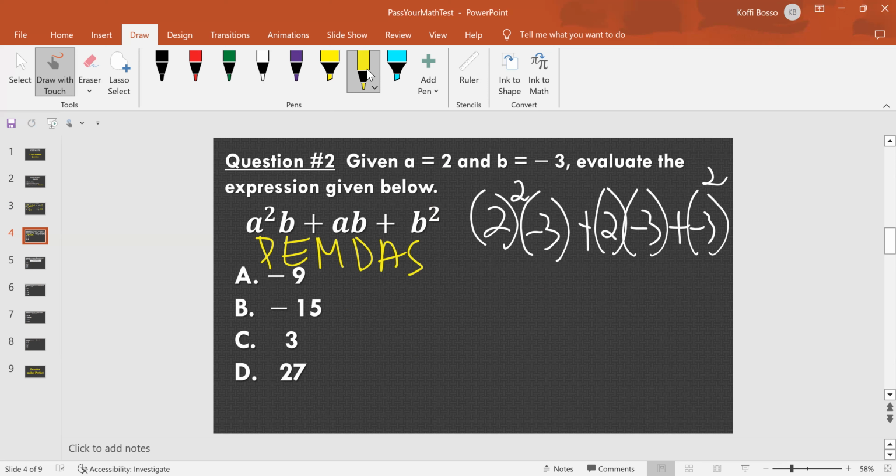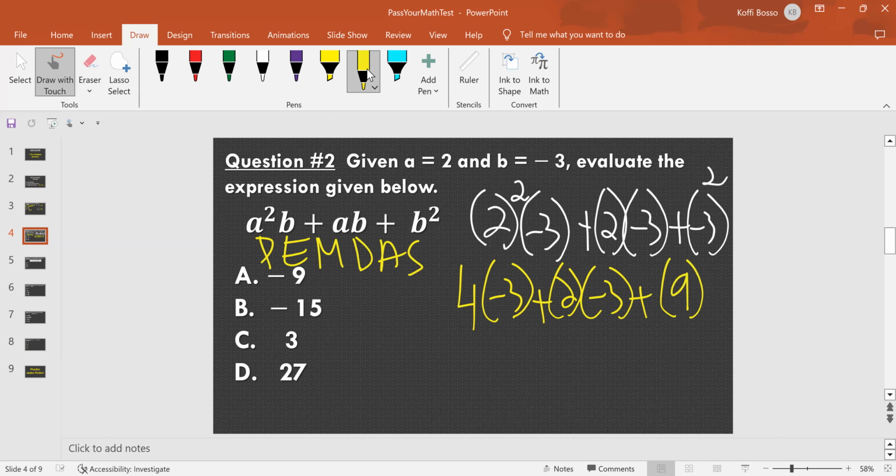Here we try to do parentheses, but when they say parentheses, that means inside the parentheses there are some operations you have to complete. We don't have that here, so we go to exponents. For exponents, we do 2 to the second power. That gives you 4, parentheses, -3, plus 2 times -3, plus, on the other side, 9.